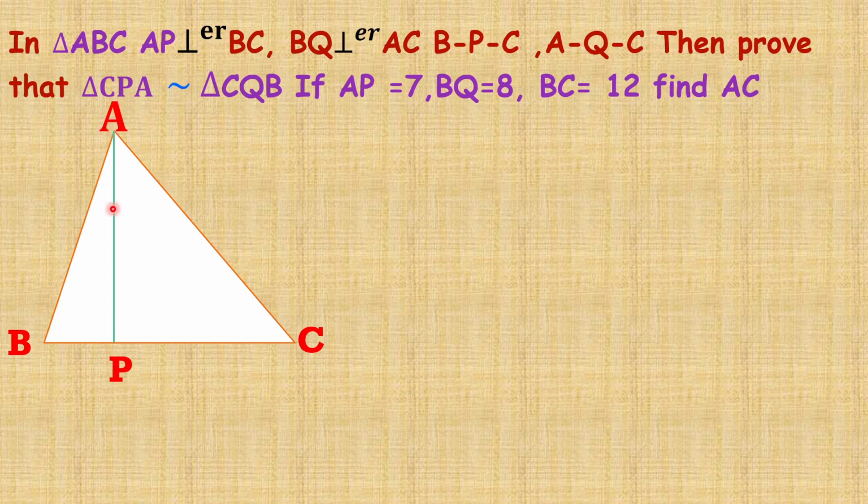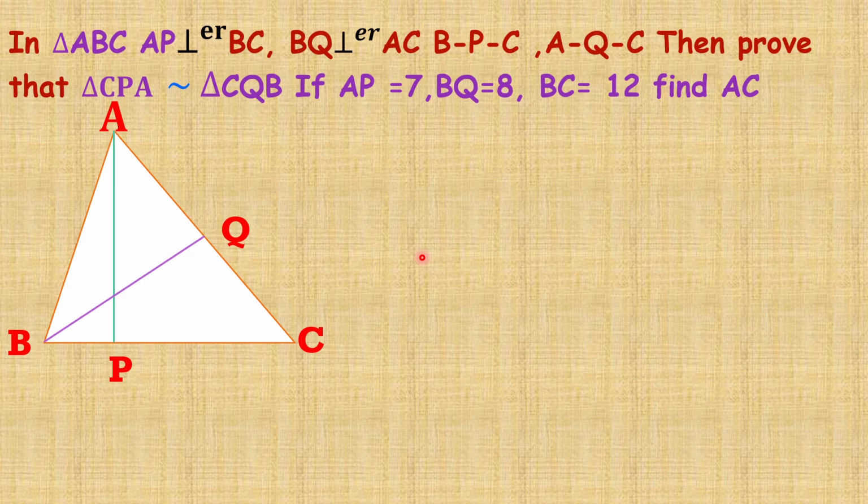Also, angle APC is 90 degree. Second, BQ is perpendicular to AC and point Q lies on the side AC. That means perpendicular BQ also lies in the interior of the triangle ABC. We have to prove that triangle CPA is similar to triangle CBQ.